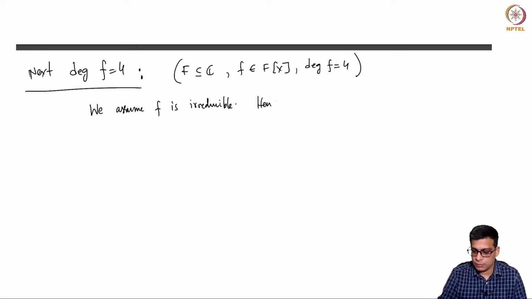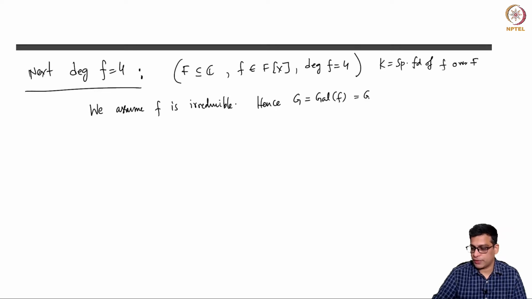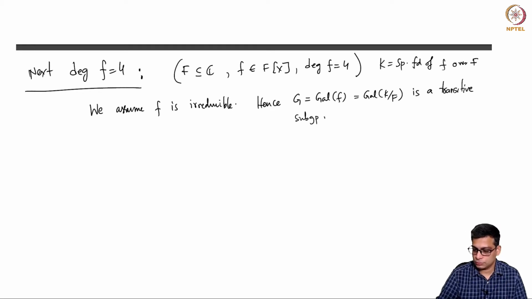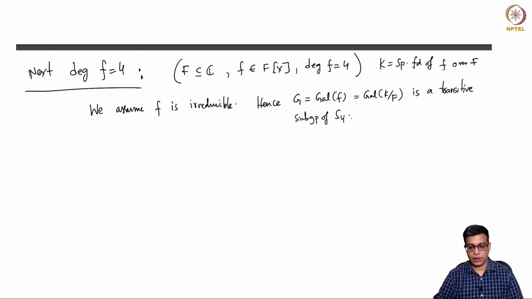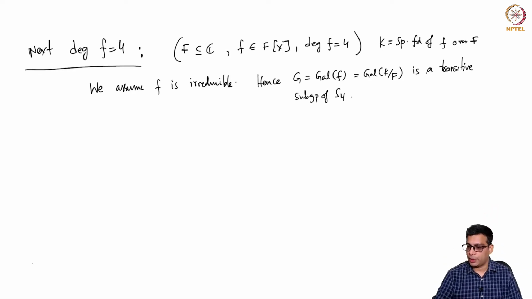Hence the Galois group of f, which I denote G, where K is the splitting field of small f over capital F, is a transitive subgroup of S4. Because here there are 4 indices, and because f is irreducible, it is a transitive subgroup of S4.